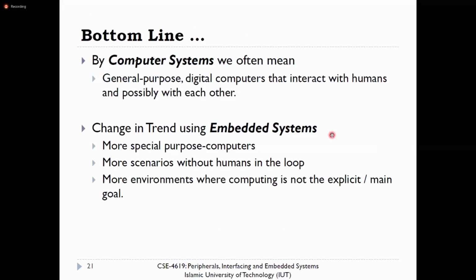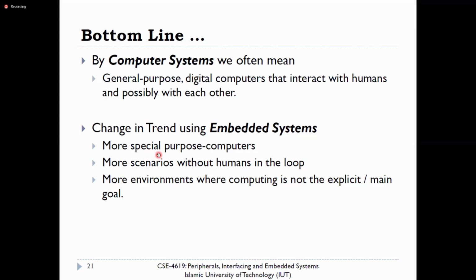So the bottom line of what we have learned so far is about the computer system, and nowadays the new term is the embedded system. By computer system, nowadays we often mean general purpose digital computers that interact with humans and possibly with each other. But the trend is changing toward embedded systems, which are specifically for target-oriented tasks.